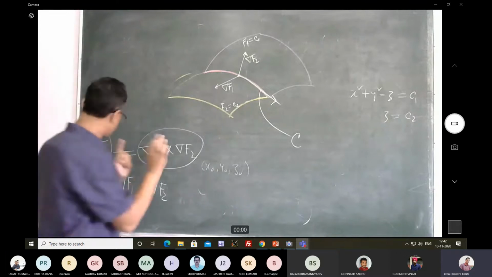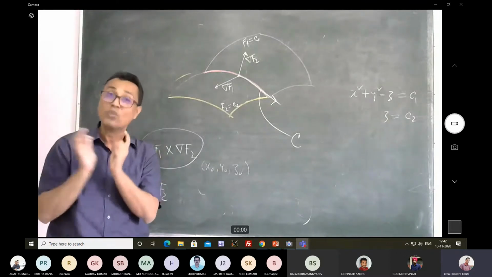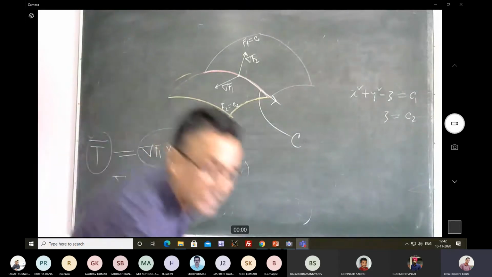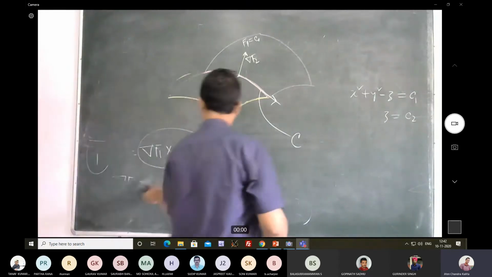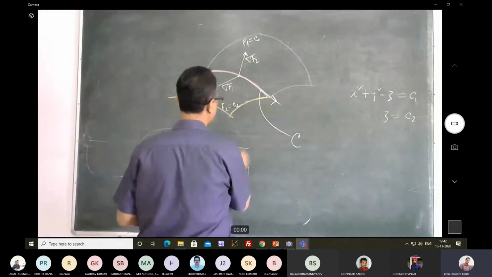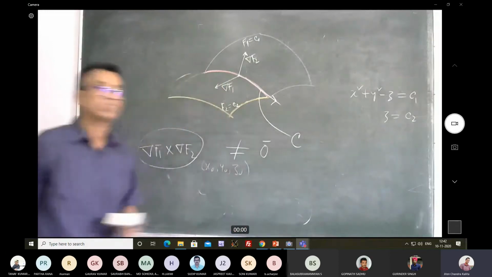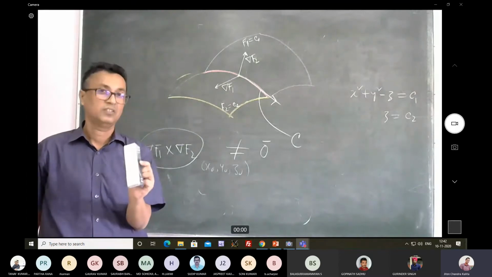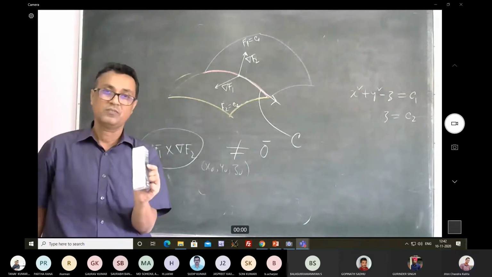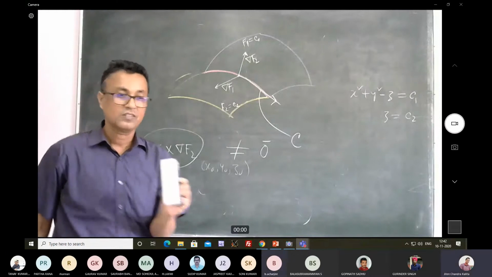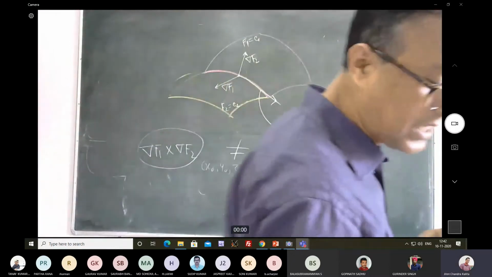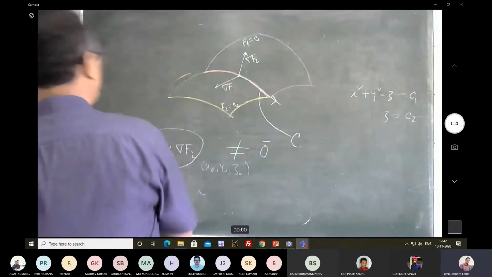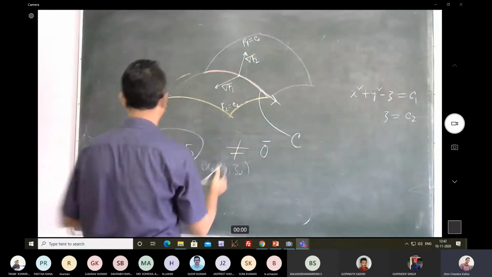The very first thing that I should have told you is that it has to be non-vanishing. Remember, that has to be non-vanishing. Only when this is not equal to the zero vector will I be able to define a tangent at that point. So that has to be your first condition. The non-vanishing part I'll come back to again later on.